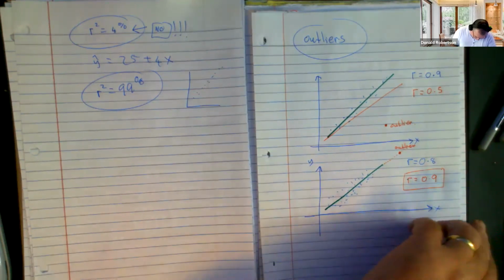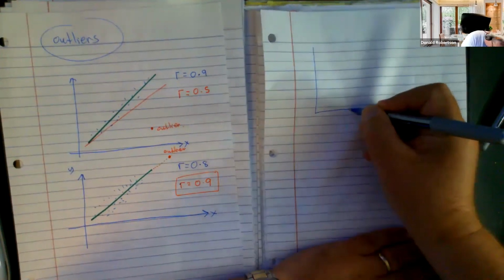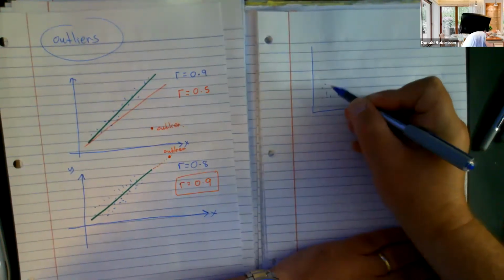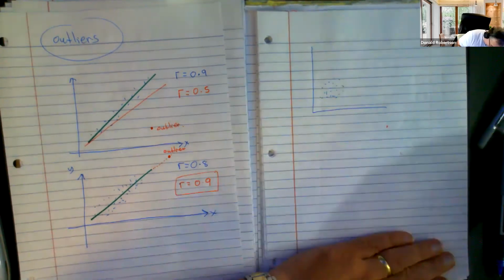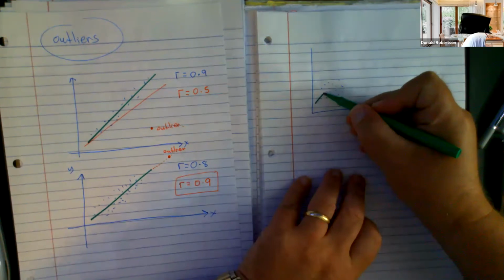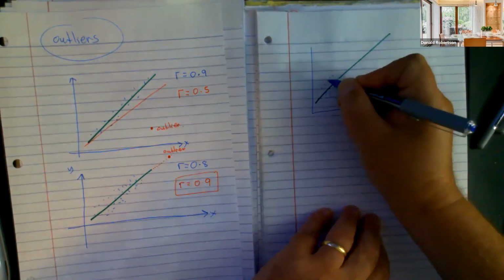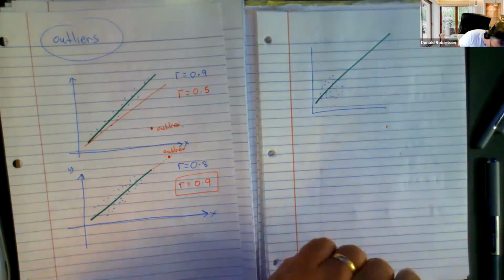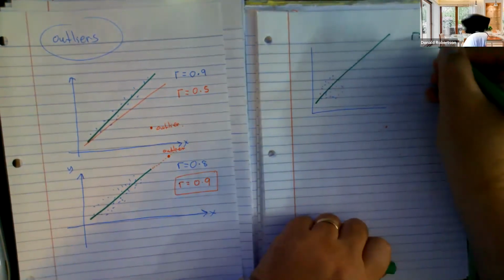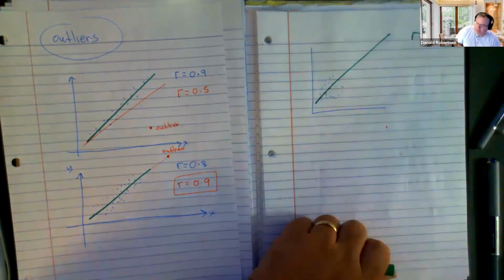So let's take that to silliness. Imagine I've got a really, really vague model. It's very weak. The correlation coefficient is 0.12.